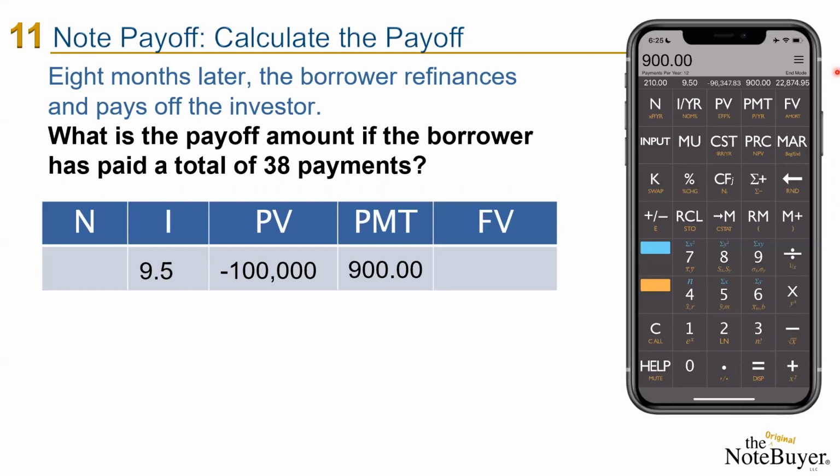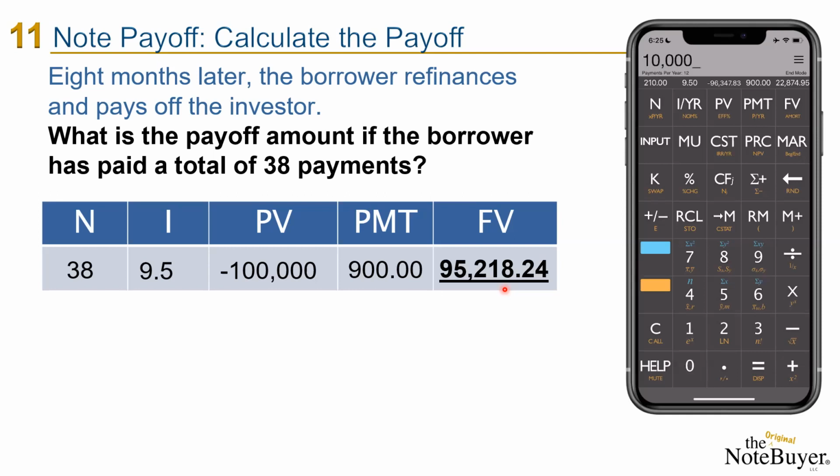The interest rate was 9.5, payments of 900. We said 38 payments have been made. We drop that into N. We solve for FV, and we find out that the current balance is $95,218.24.